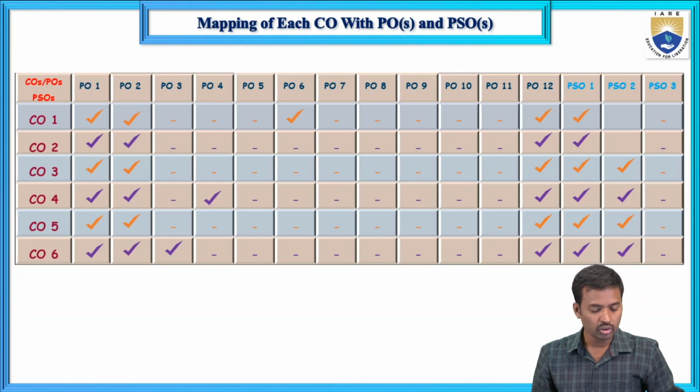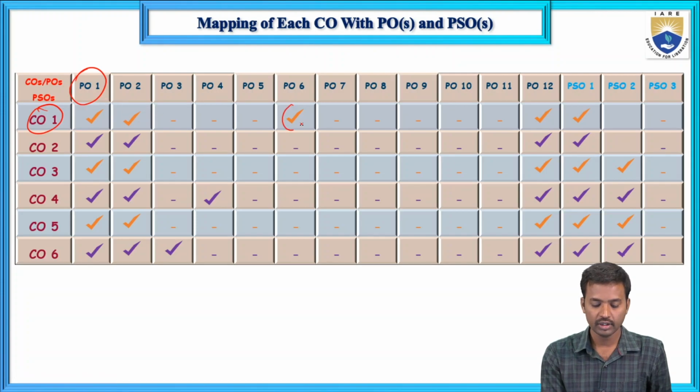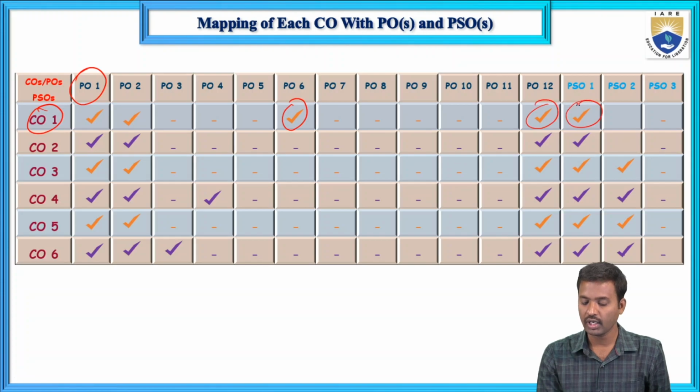Course outcome 1 is mapped with PO1, PO2, PO6, PO12 and PSO1. In the same way, course outcome 2 is mapped with PO1, PO2, PO12 and PSO1.